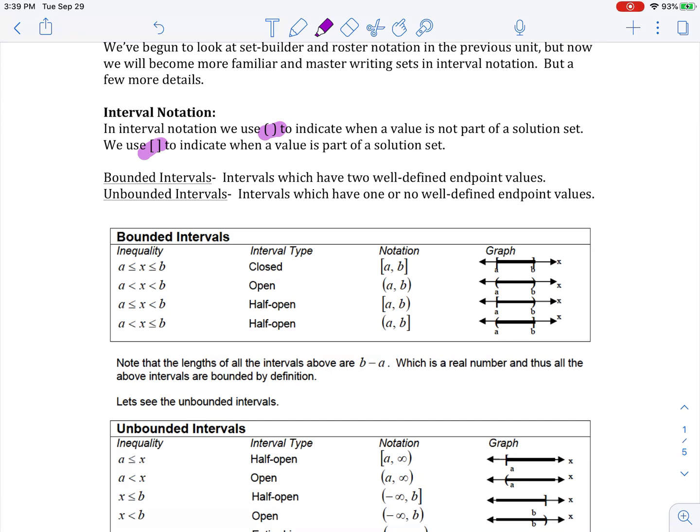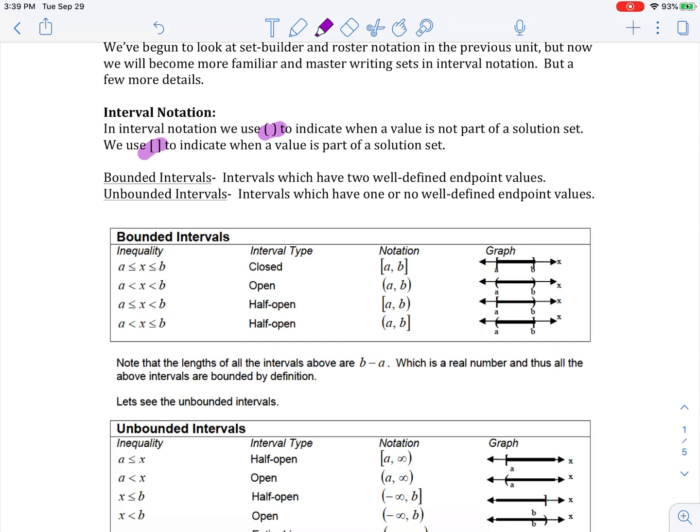So we may have an interval where neither endpoints are part of the solution set, where both of the endpoints are part of the solution set, or with one number as being part of the solution set. Depending on how it pans out, we might call that a bounded interval, right?